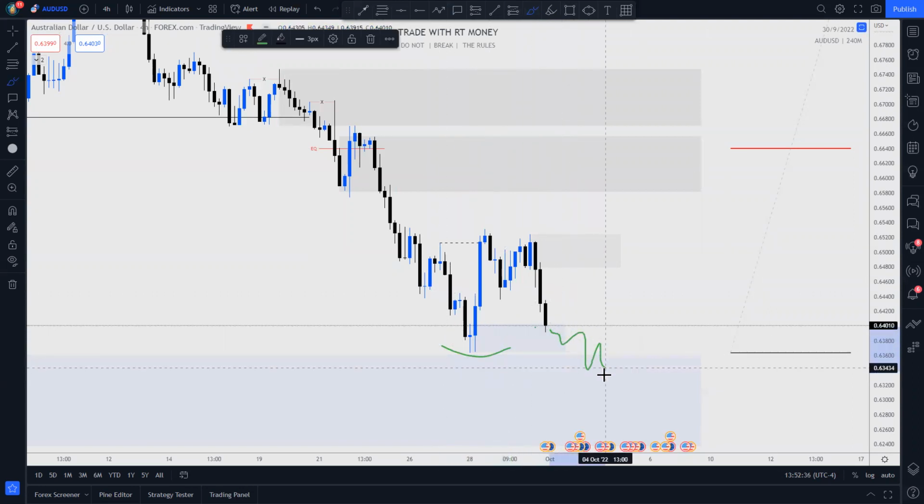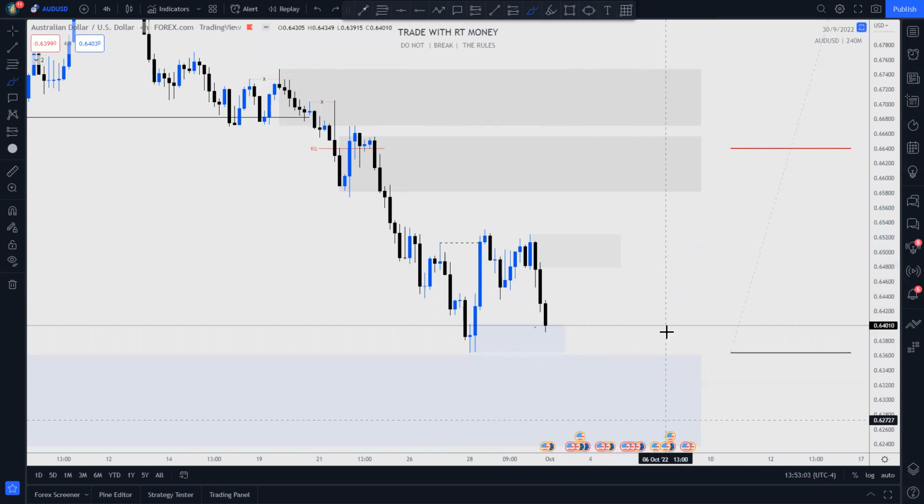All right, I'll be looking for price to give a hint that it is turning around by breaking market structure, like I was talking about over here, by breaking market structure to the upside, a convincing break of market structure, and a pullback to the low. And we'll see about taking a counter trend trade there. All right.